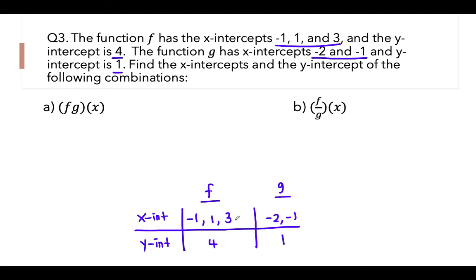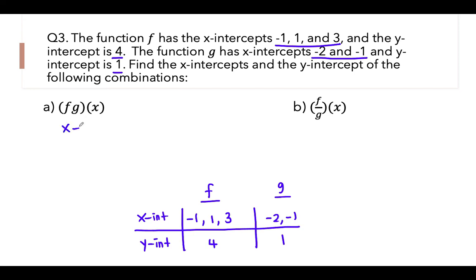Once you have the table values, it will be much easier to figure out where the intercepts combine. We are given the product, multiplication.